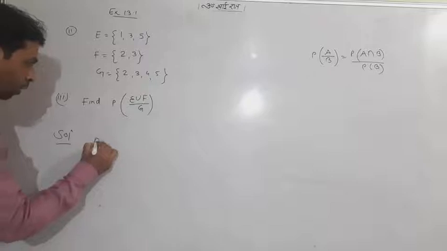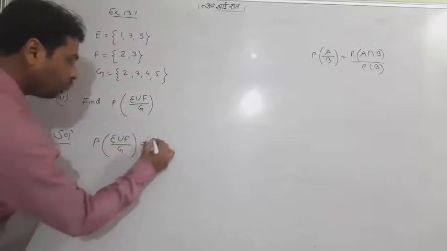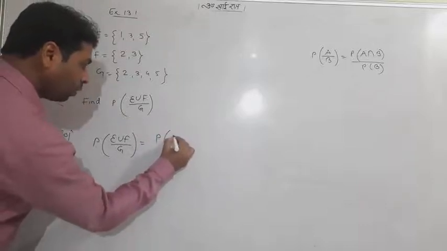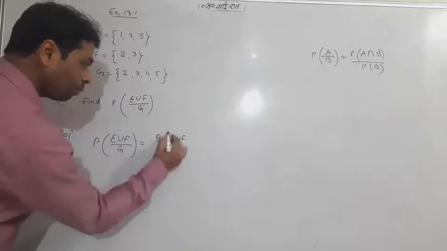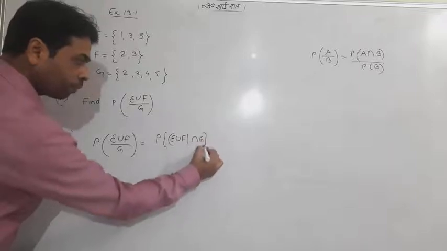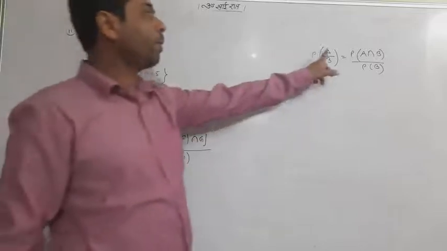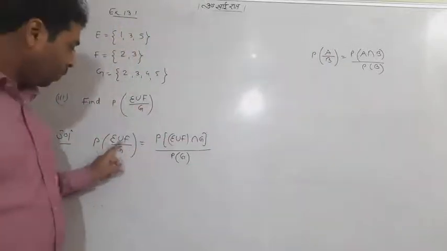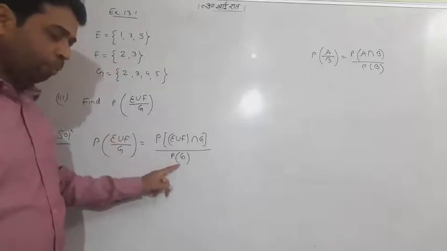Solution: P of E union F upon G is equal to, using the same formula, P of E union F intersection G upon P of G. Can you see? The formula was P of A intersection B upon P of B. Here the first event is E union F.